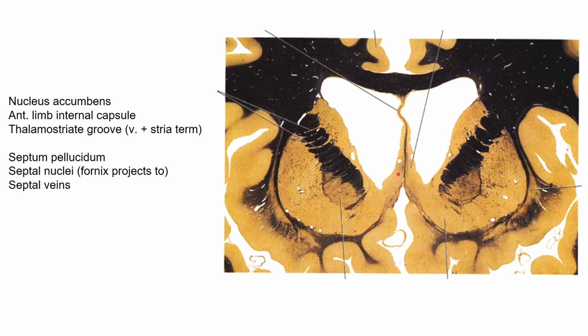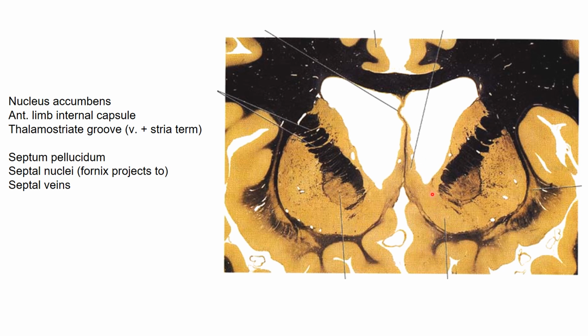There are two ways. First of all, we have these lumen right here. These are our septal veins. So meaning this would be still part of the septum, but also our septal nuclei, and that formation here is completely continuous with the nucleus accumbens. So like you can see here, it's not like it's sitting up against it. It is literally a part of it.